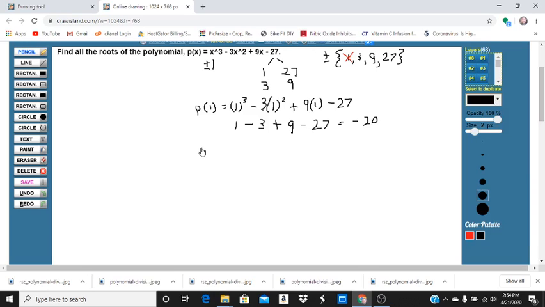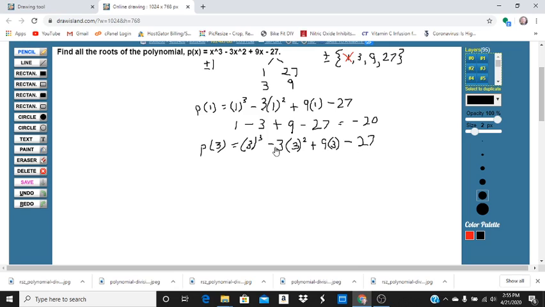Okay, let's try 3. So now we're going to plug in 3. So p of 3 is going to equal 3 cubed minus 3 times 3 squared plus 9 times 3 minus 27.